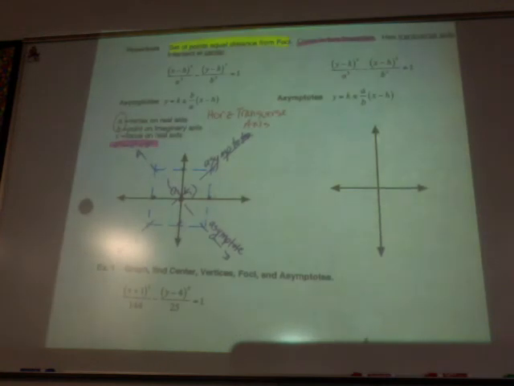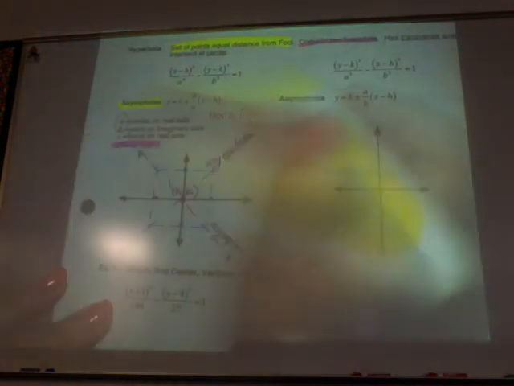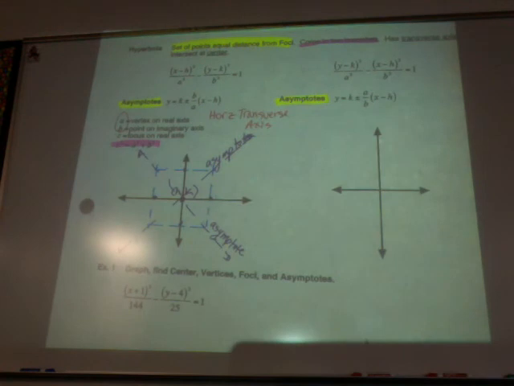Now, there are lovely equations to the asymptotes, and you can see them right here. So here are your asymptote equations. Now, these ones you are going to have to memorize. And let's look at the difference between them.